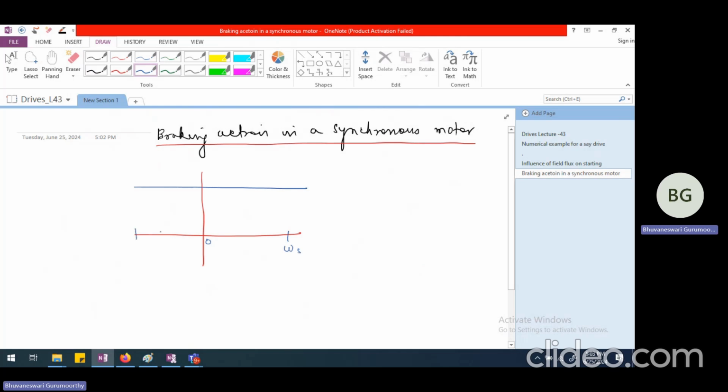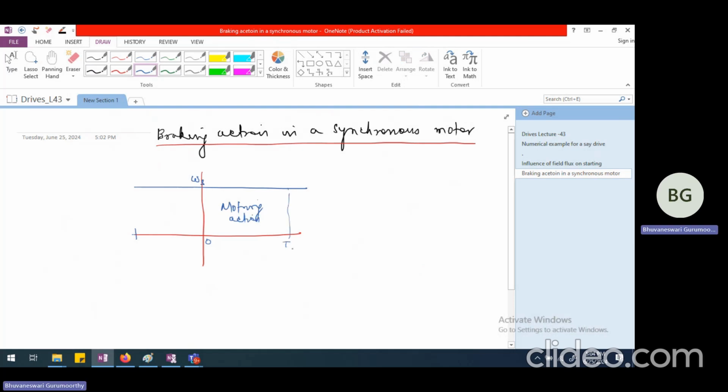and let us say this is... just a second. Let me draw it like this again. This is actually the synchronous speed. So whenever we are talking about the machine running at synchronous speed, if I'm talking about motoring action, I'm going to have this as the torque.